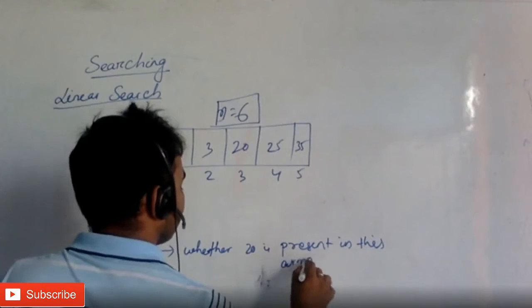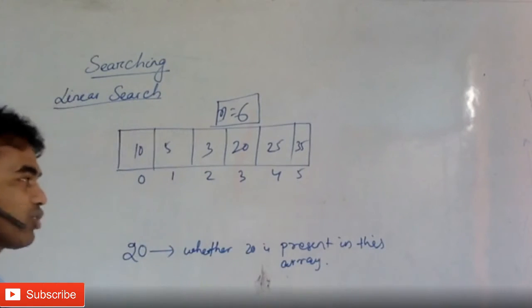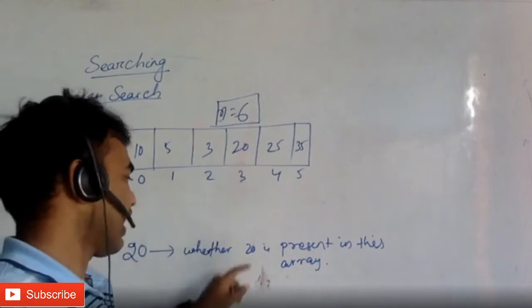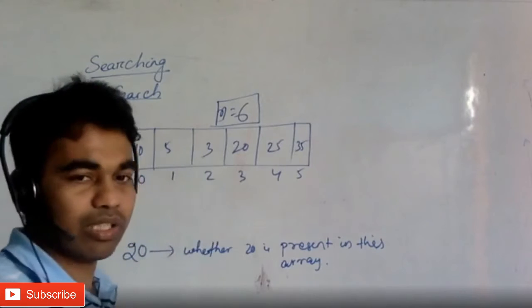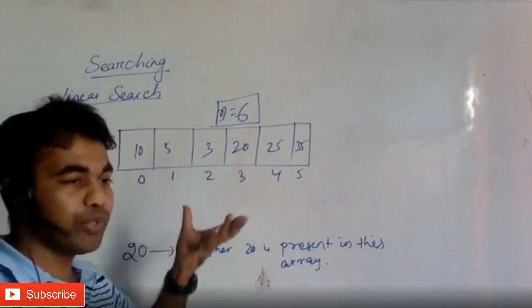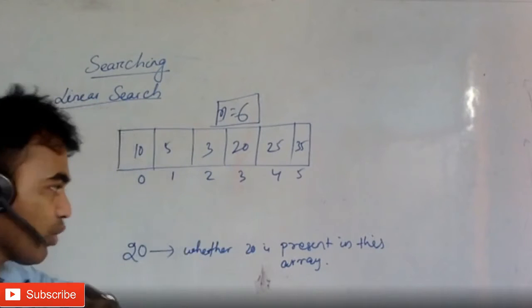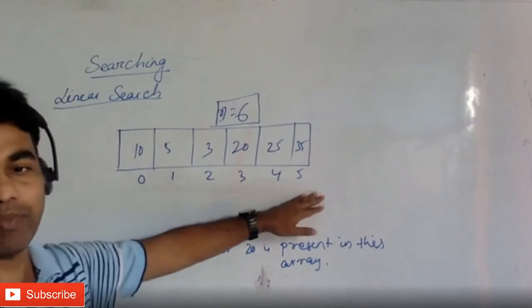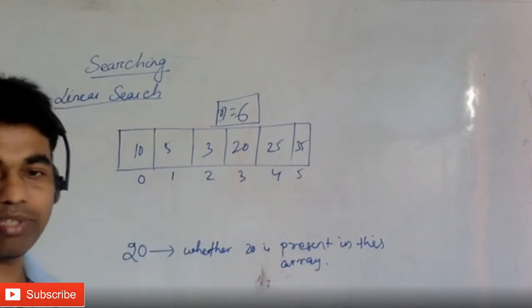And why are we studying this? Somebody can ask, I can look into this array and see that yes, 20 exists, so why do I need to write an algorithm? It is not about you looking into it. We are going to write a program because there are only 6 elements and you can immediately see.